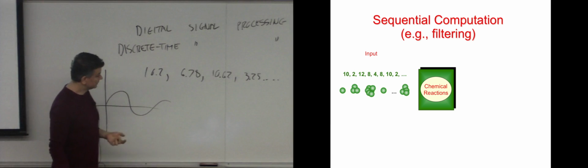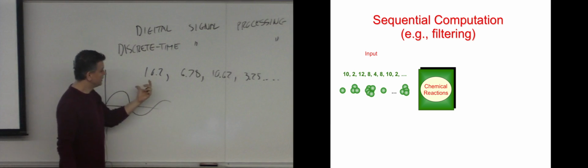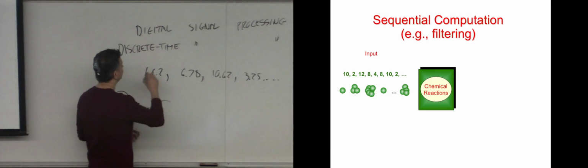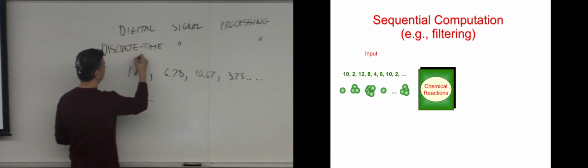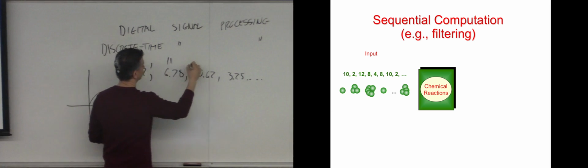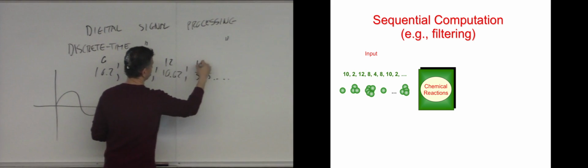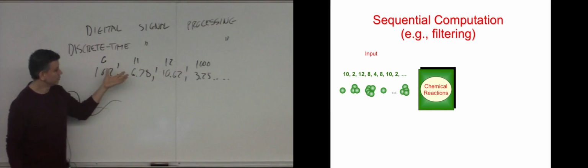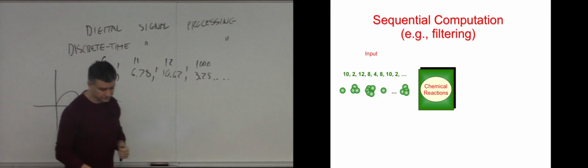Digital signal processing is where you have not only discrete time signals coming in, but those values are actual integers, 6, 11, 12, 1,000. Or in the language of computer engineering, those integers then would be binary numbers. Okay, none of this was interesting.